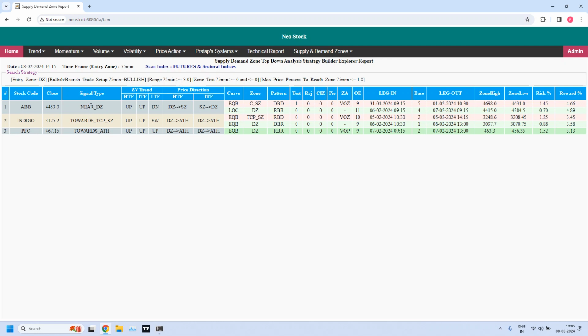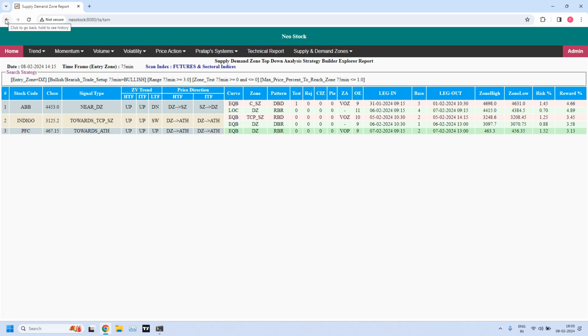So that means the LTF price direction, the 75 minutes price direction, is from supply zone to the demand zone. Definitely ABB may reach tomorrow. It doesn't mean other stocks won't reach. Even though they are moving toward supply zone or all-time high, sometimes all of a sudden the price will come to the zone and again it will go up. That possibility is also there.